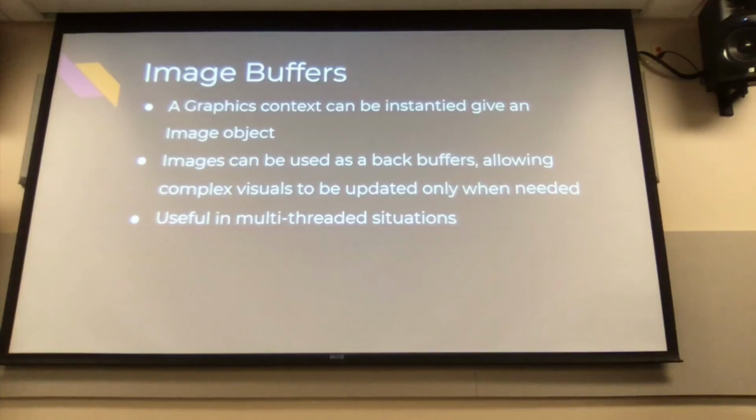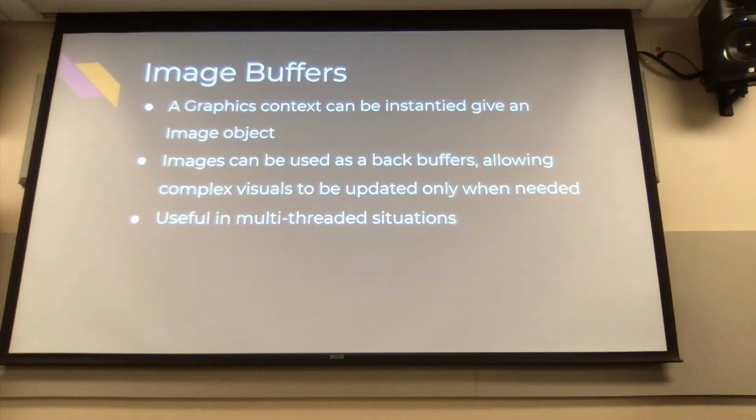You basically can just keep the image buffer around and draw into it whenever you want by making a graphics context using it. And then later on, when you actually want to show it to the user in your paint method, you can just pass it off to the paint graphics context and draw it to screen. So it's useful for back buffers and stuff like that.